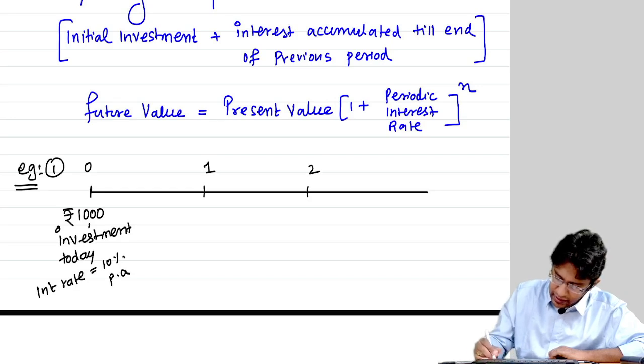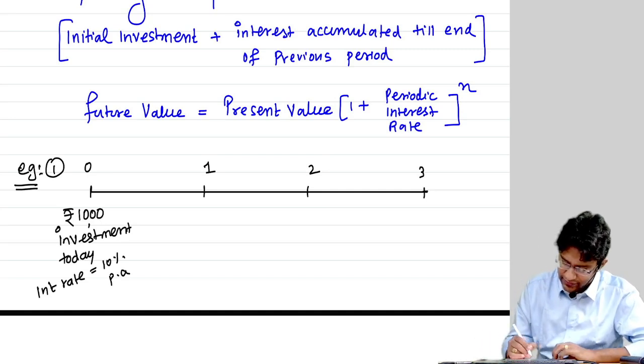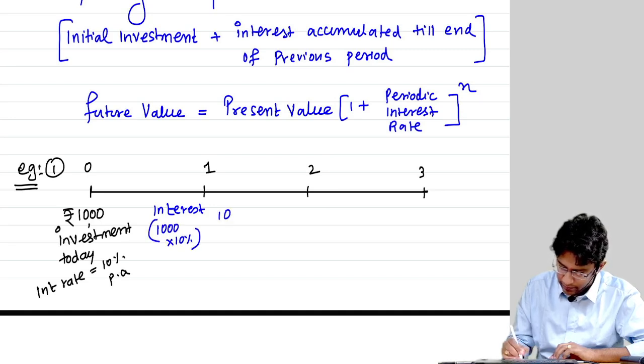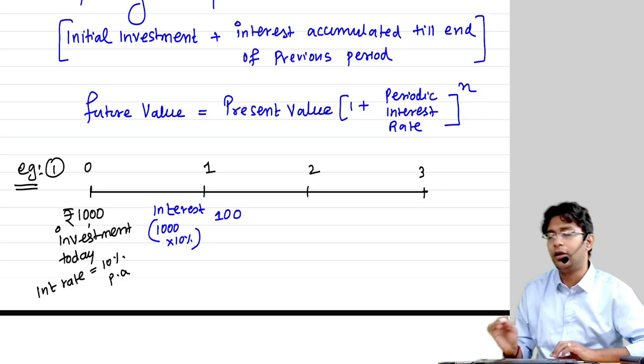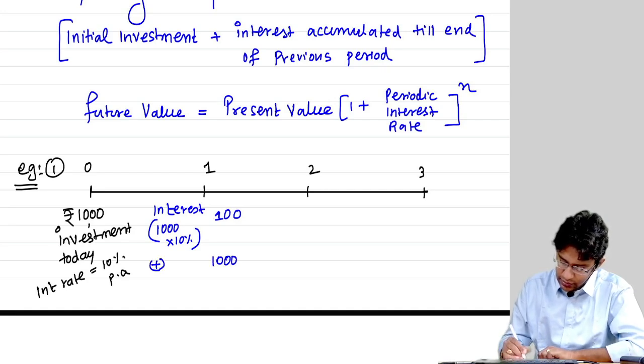First year, second year, third year, 3 years is enough. Tell me, sir, what is the interest for the first year ending? 1,000 initial investment into 10%. So that will be 100. So by the end of the first year, what is the value of your investment? 100 plus your initial investment of 1,000. So total value is 1100.